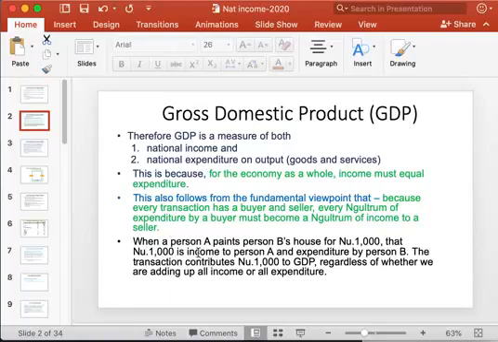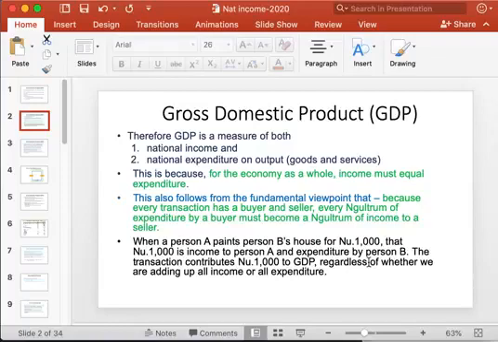So, for example, when a person A paints a person B's house for Newton 1000, then that Newton 1000 is an income to person A and an expenditure by person B. So the transaction contributes Newton 1000 to GDP.